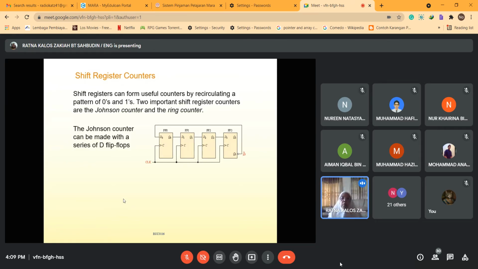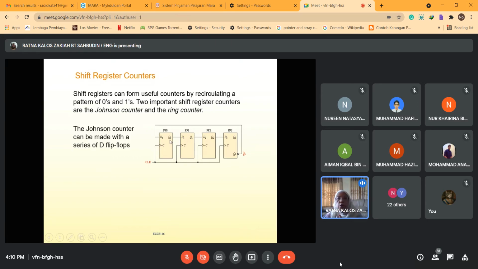Okay, sorry about that. Now look at this Johnson counter. If you can see, this is for 4-bit. You have FF0, FF1, FF2 and FF3. So you look at here, D0 is connected to Q3 bar, which is on the last flip-flop, connected back to FF0 at D0.